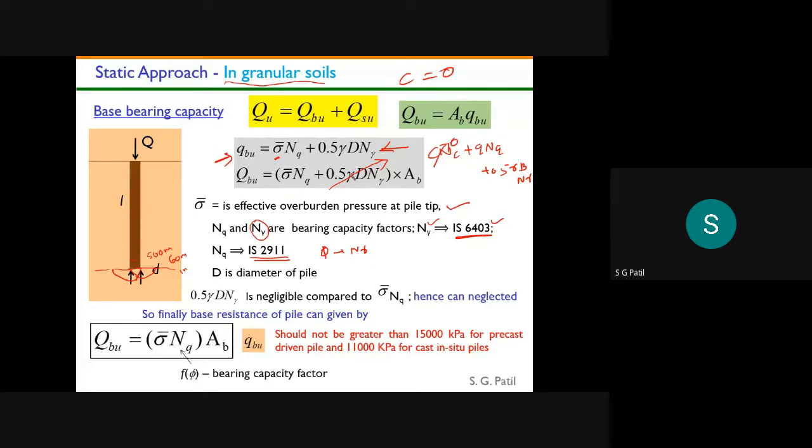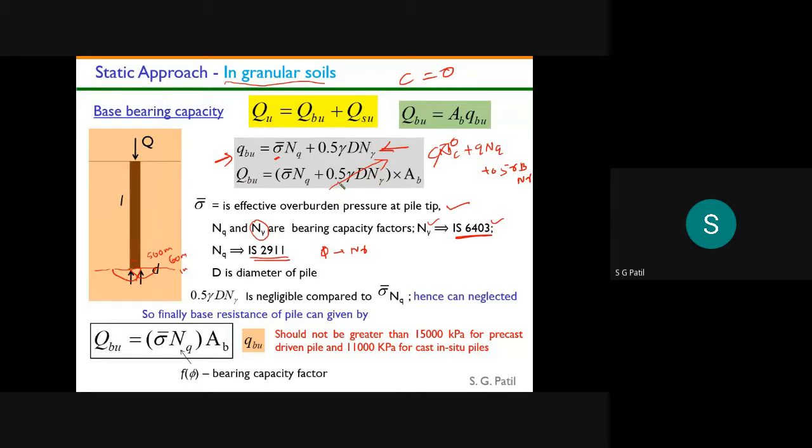Even if I neglect it, I will be on the conservative side. This much capacity I am not including in my calculation, which means I am on the safer side. But IS 2911 asks you to consider this term also.